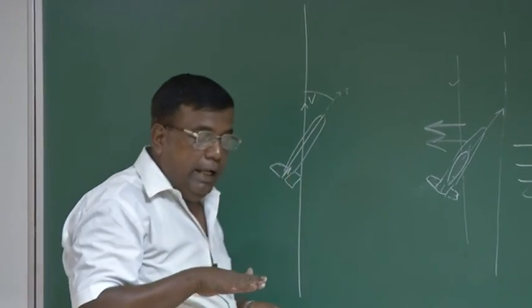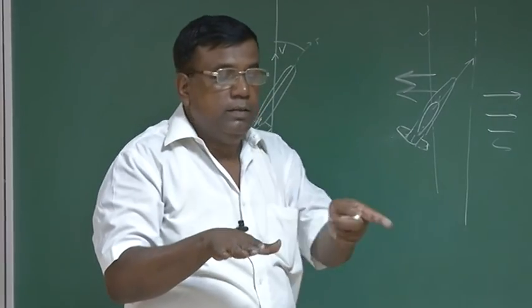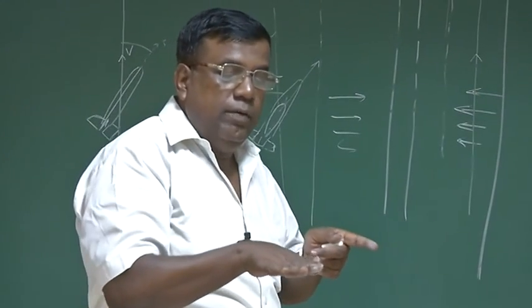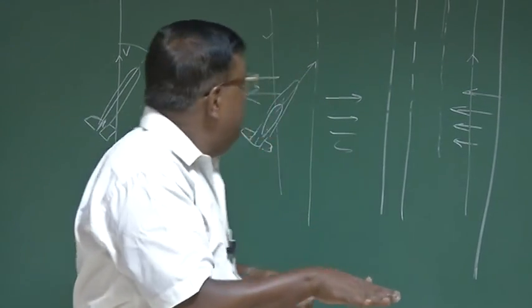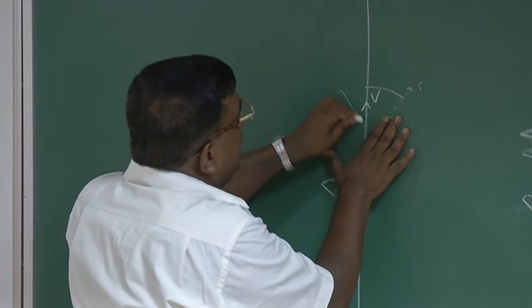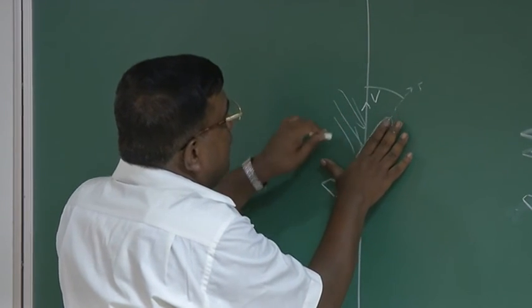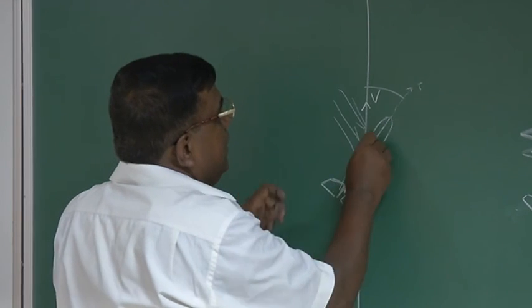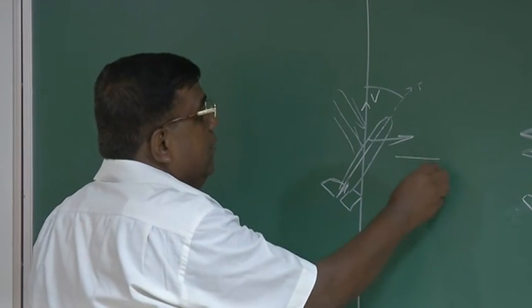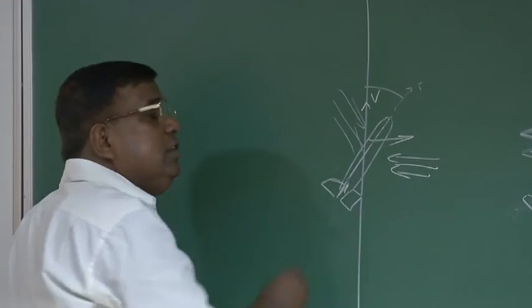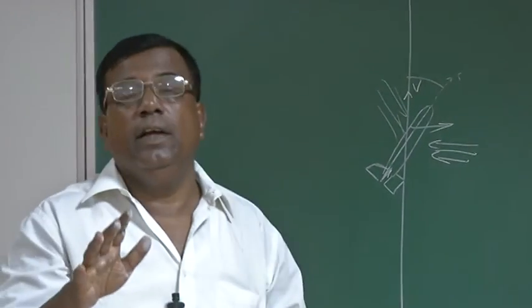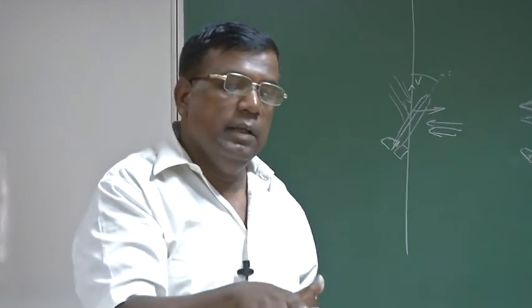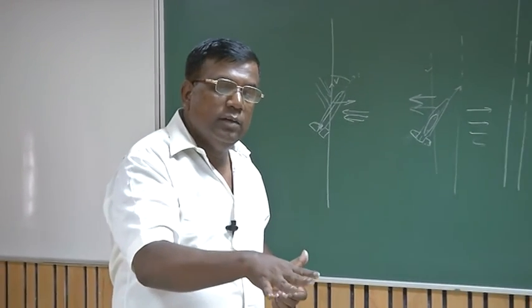That is, I'm flying like this. My velocity vector is along the approach, and I'm flying like this. Okay, what will happen? If I fly like this, you could see that the relative air will hit this surface, and it will generate a force in this direction, and the wind was also trying to push it in this direction. That way, it will nullify. Right? Again, as it comes near the runway, it has to turn like this.